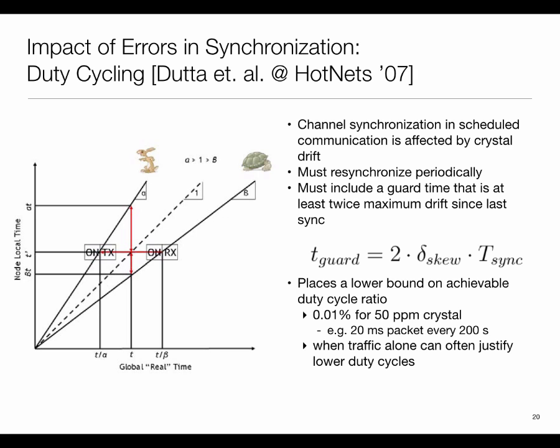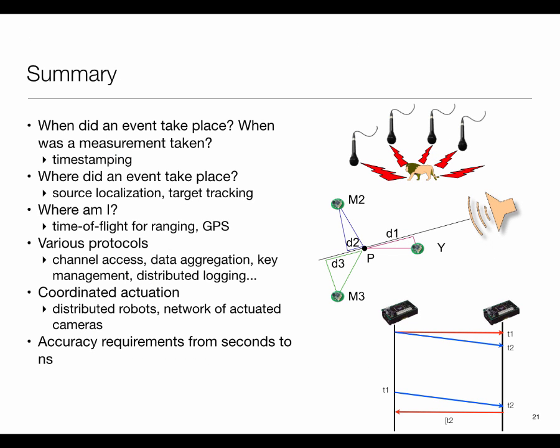And the alternative is to have a costly, power-hungry clock all the time, which doesn't end up good either. So there's a trade-off. To summarize, time synchronization is useful for a variety of purposes. The question is, how do we achieve that?